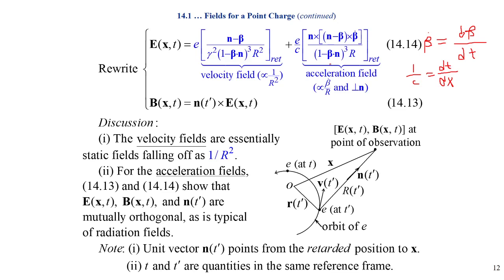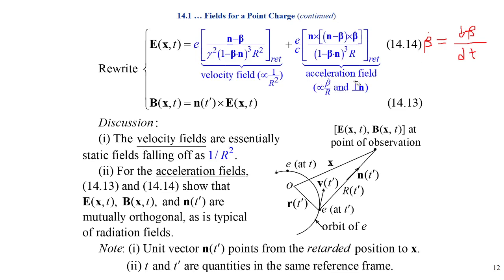So that's okay. But c is the speed of light and it's a constant. And beta dot is the normalized acceleration.